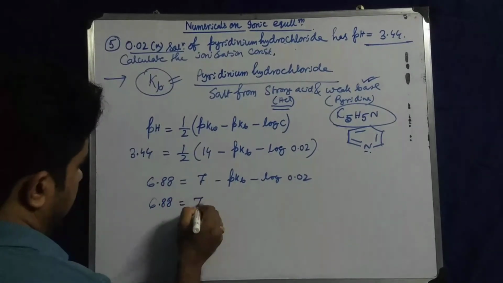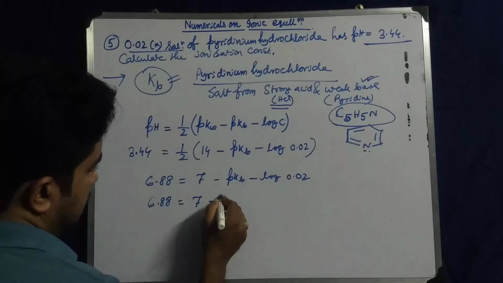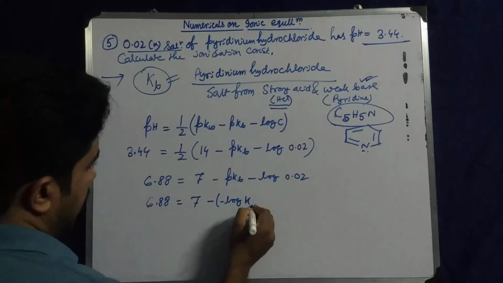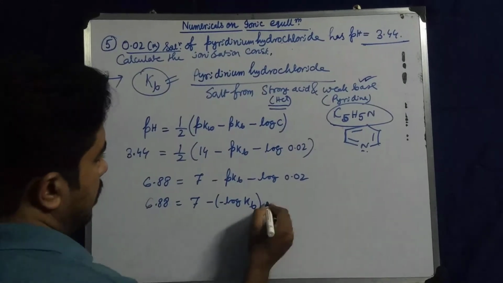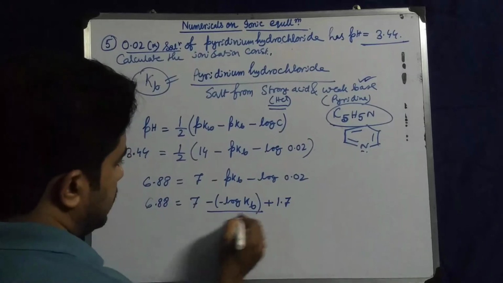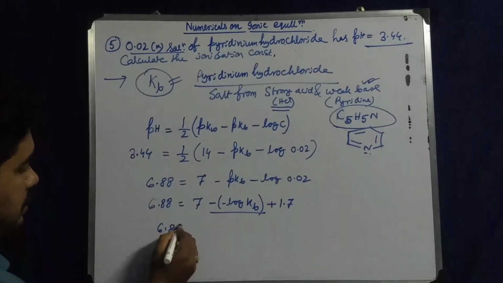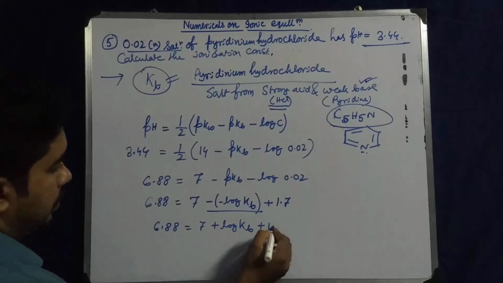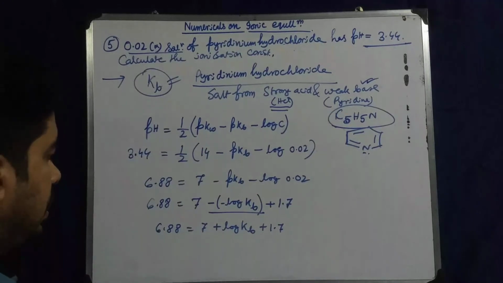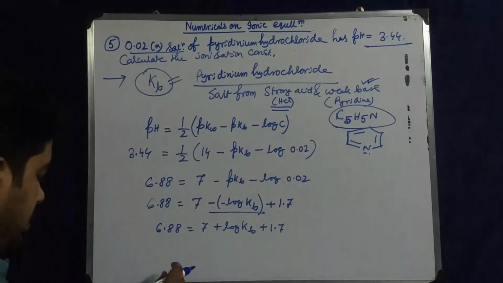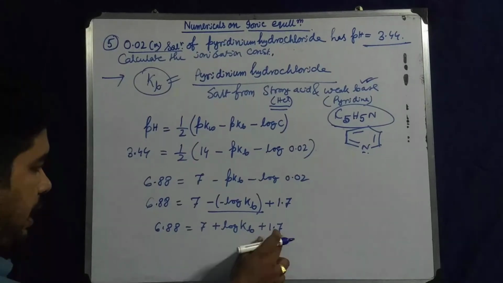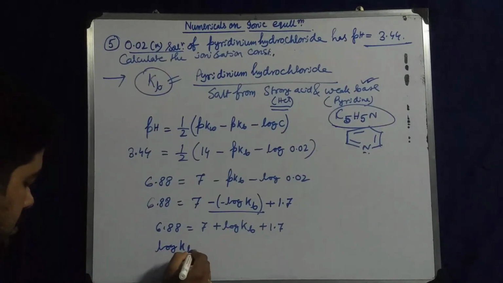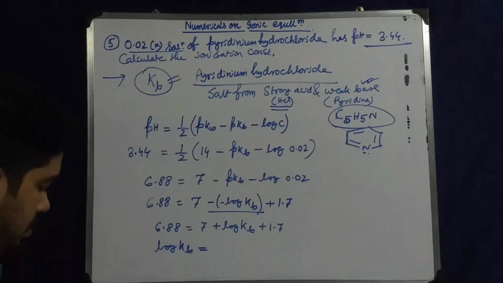So 6.88 equals 7 here, we can write minus log of Kb plus 1.7. So 6.88 equals 7 plus log Kb plus 1.7, so 8.7 obviously.